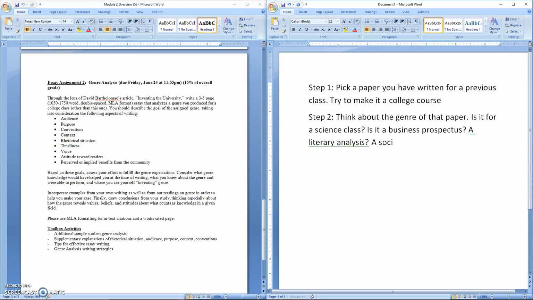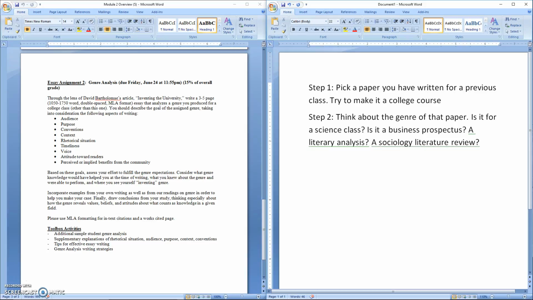A sociology literature review? You want to think, okay, more than just writing a paper for a college course, what kind of paper specifically is this? Is it a physics paper? Is it a biology paper? Is it a business proposal, a literary analysis, etc.?